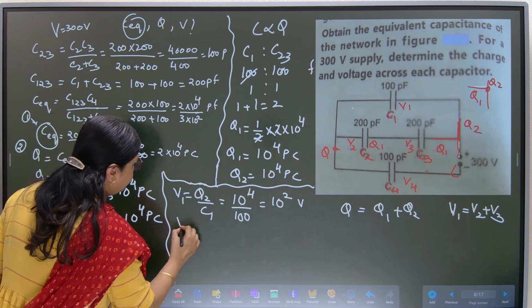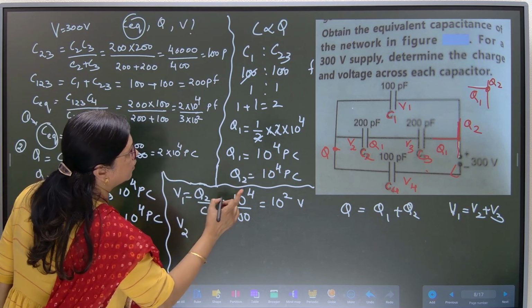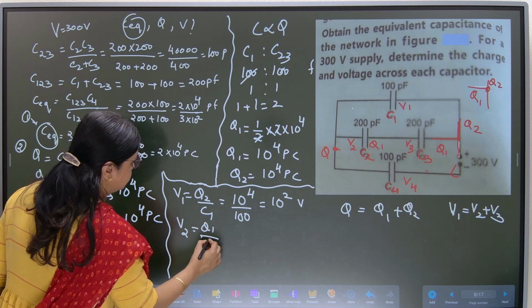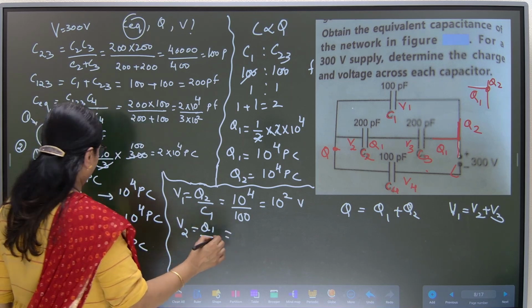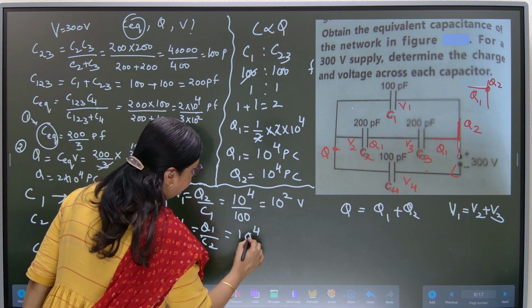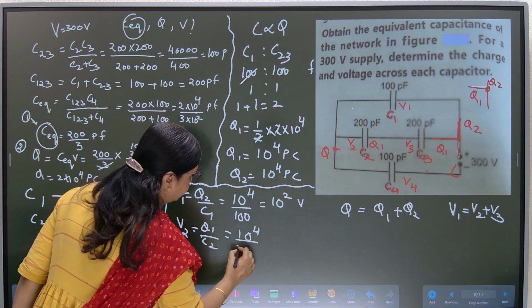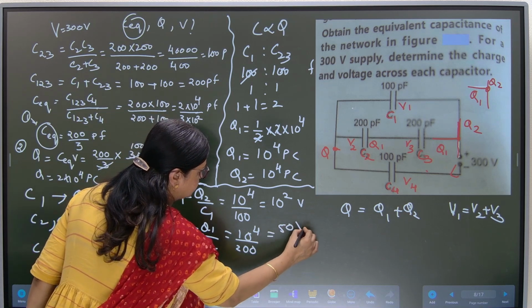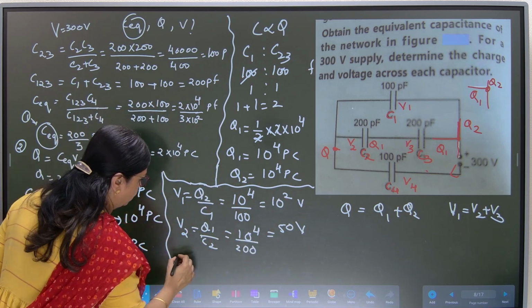Fine. V2 charge is Q1 upon C2. So what is the Q1? Again 10 raised to 4 upon 200, which is equal to 50 volts. This is 100 volt, this is 50 volt.